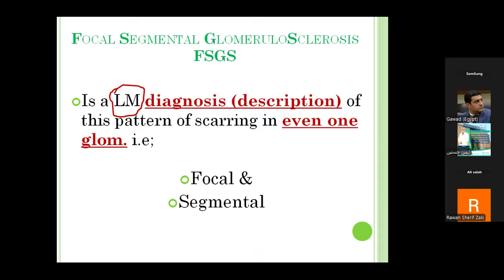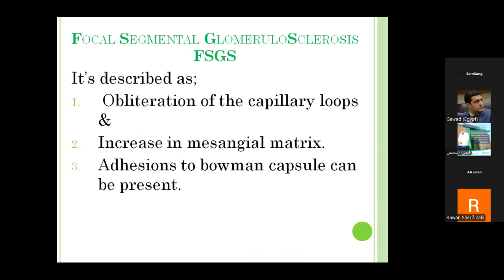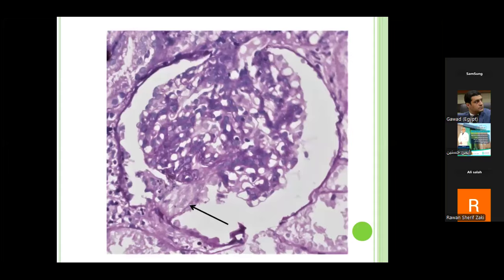So it is focal and segmental, in even one glomerulus, not a globally sclerosed glomerulus. And it is described as obliteration of capillary loops and increase in mesangial matrix, and adhesion to Bowman capsule can also be seen. Let's see this in this picture.